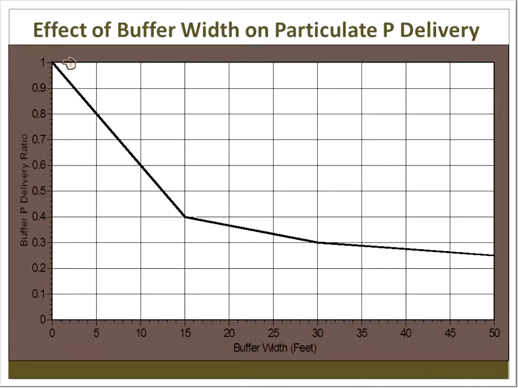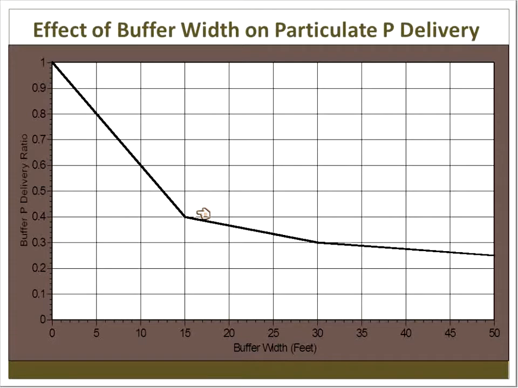If you have no buffer, it says that 100% of that attached phosphorus will be delivered to your water resource. If you only have a 15-foot riparian buffer, you will only deliver 40% of the phosphorus attached to sediment. This means that 60% of the phosphorus is not delivered to the water resource.